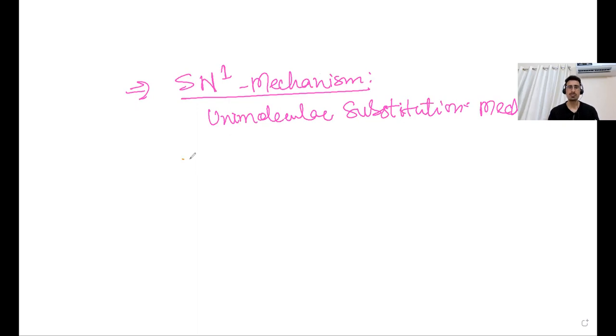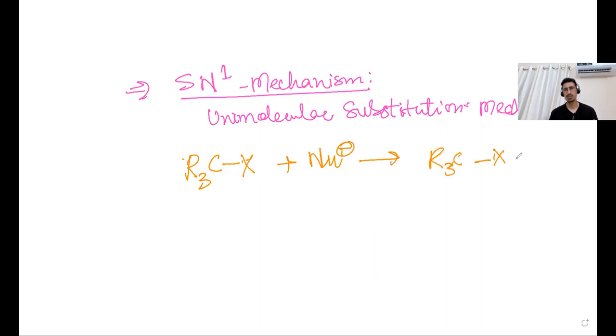In this mechanism, what happens? Suppose we have an alkyl halide, that's R3CX plus nucleophile gives R3C-Nu plus X minus.